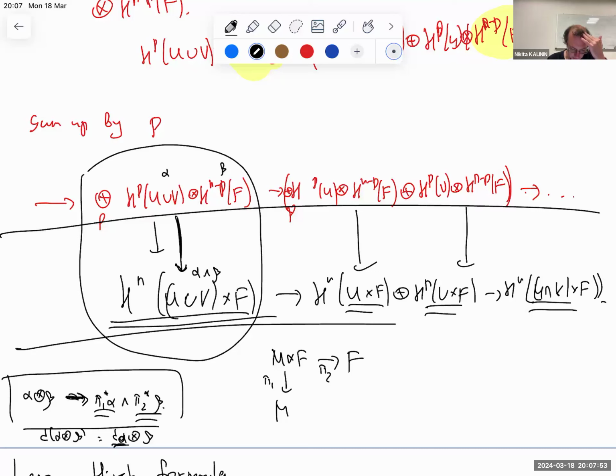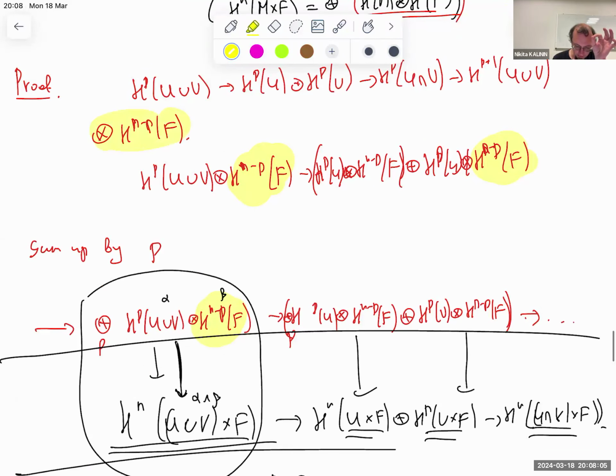But now instead of constants, you also have this strange Hn minus P of F, the cohomology ring of F. But since you just multiply everything by it, it affects in no way the cohomology, nothing. So the best way to think about this Künneth formula is that instead of real coefficients, you do all that with the coefficients of the cohomology of F. That's just another ring.